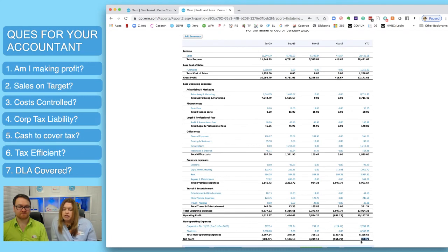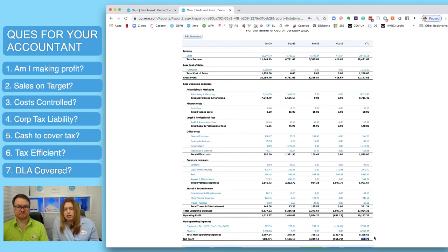So in this instance, this business has made £10,000 operating profit. It's got £2,700 worth of corporation tax liability, but the director has only taken £6,500 of dividends or pre-dividends. So this is fine because there's still a little bit of excess capacity in the business of £858 in that tax year.